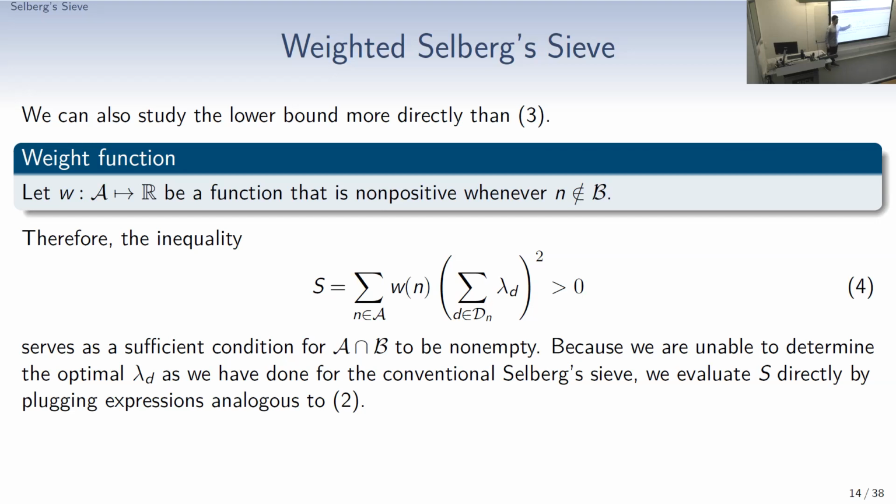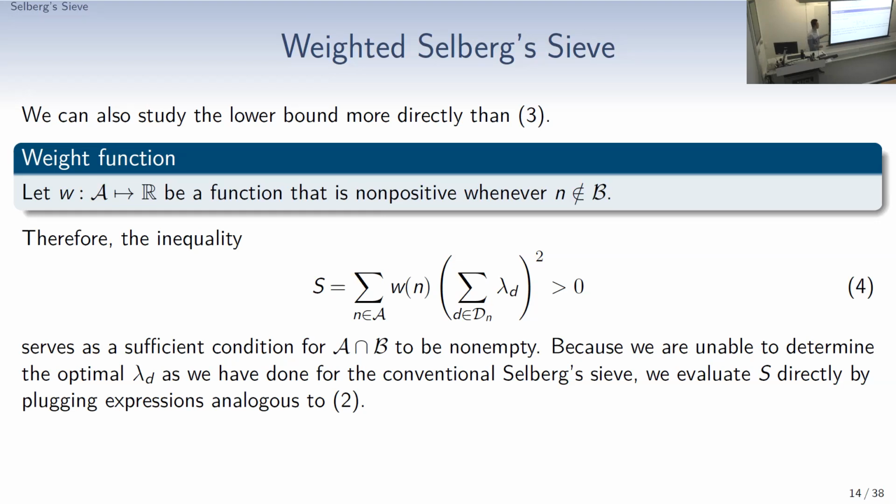And this is the approach taken by GPY, these three mathematicians, and I'm going to introduce that in a few slides. So here's some more words. In Selberg's sieve we can apply the Cauchy-Schwarz inequality to obtain a precise form of the optimal lambda in the parameter.